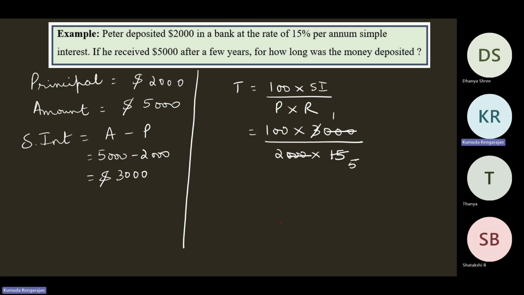And 2 fives are 10. So you can cancel like 5 twenties are 100 and then 2 fives are 10. So 10 years. So Peter has kept the money in the bank for 10 years.